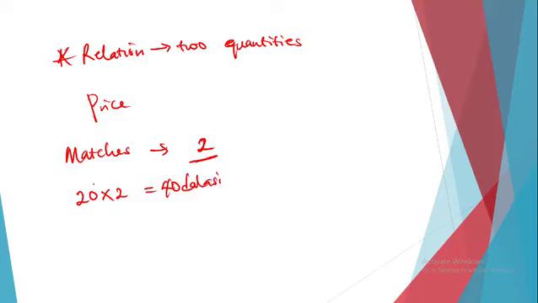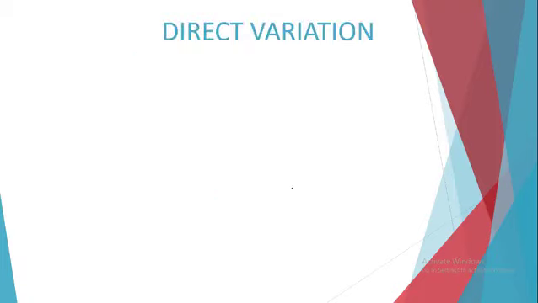Now let's assume that someone does not have up to $40, so it will be impossible to buy up to the 20 boxes of matches which is required. So we say that the price of matches affects the number of matches to be purchased. These two variables or two quantities affect each other.